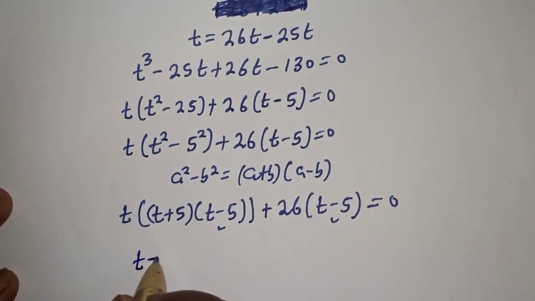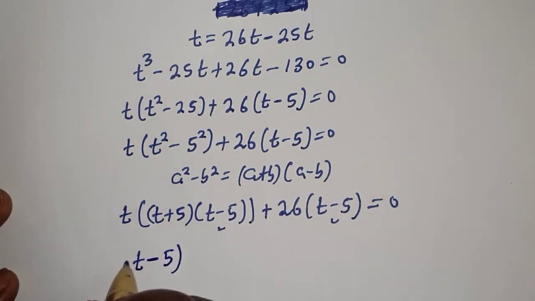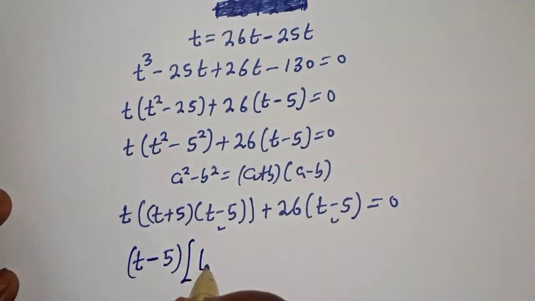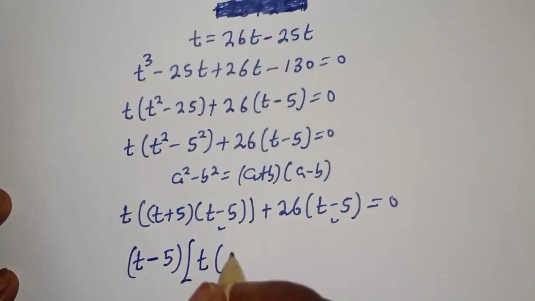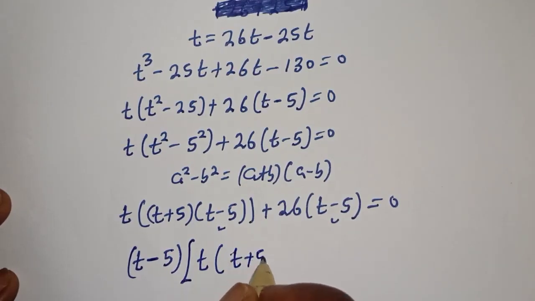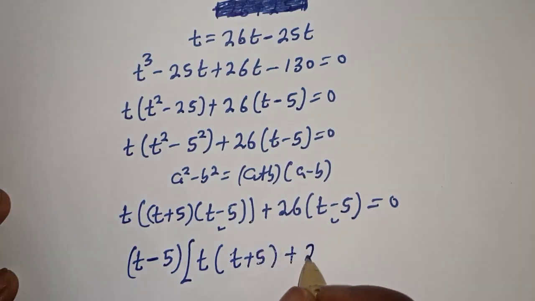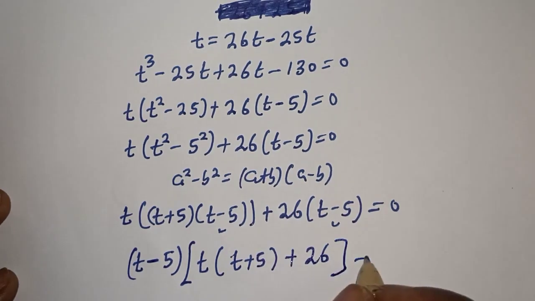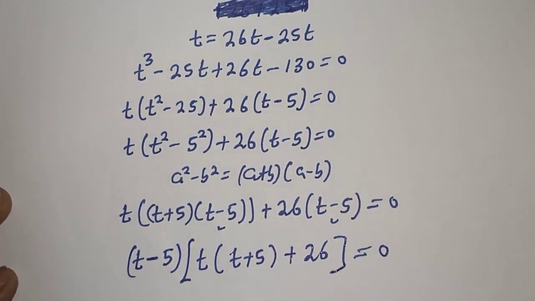Let's bring it out. t minus 5 bracket t bracket t plus 5 plus 26 is equal to 0.